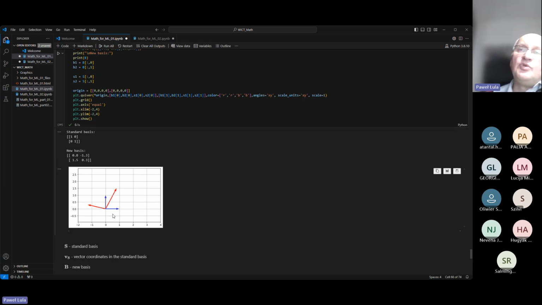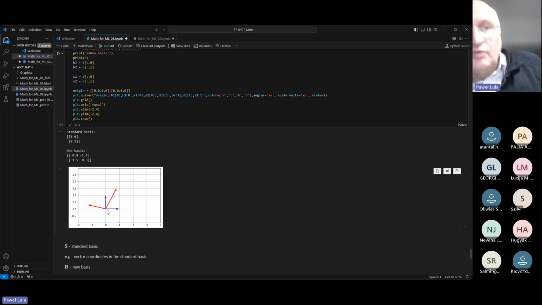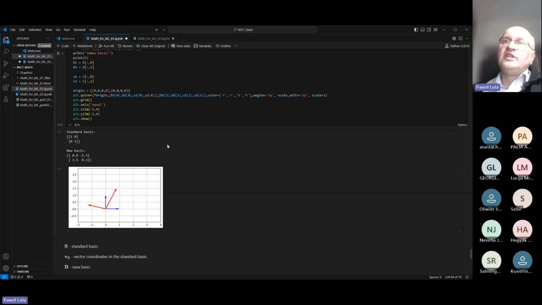Also, it is possible to generate any vector which we have in this vector space by performing these two operations, multiplication by scalar and addition of vectors, using as a starting point these two red vectors. So it is possible. We can do it and generate any vectors. So we can have an infinite number of different bases.